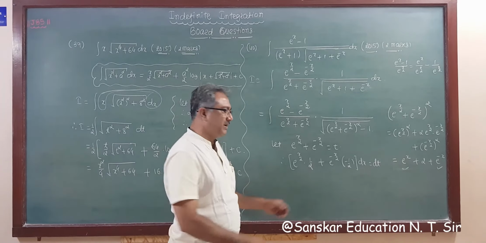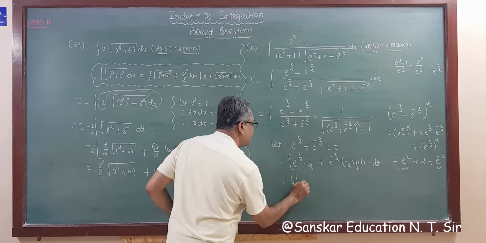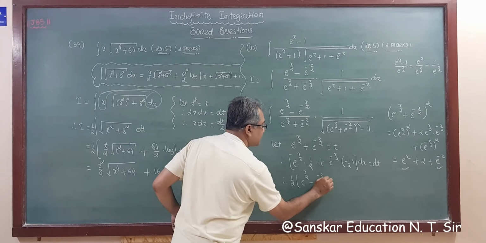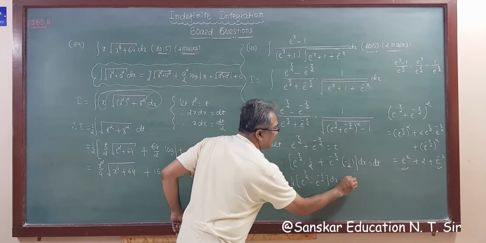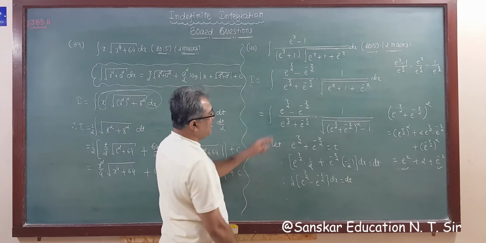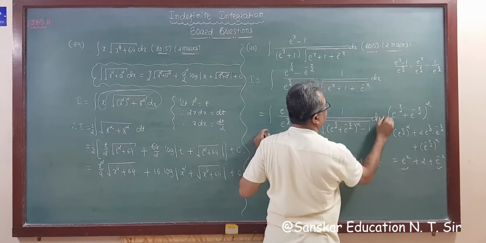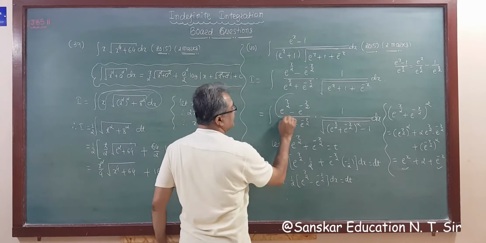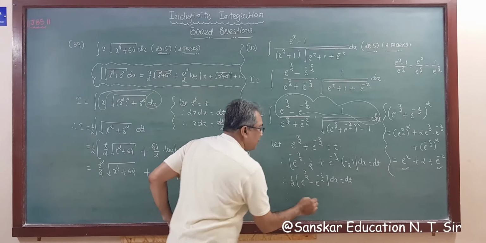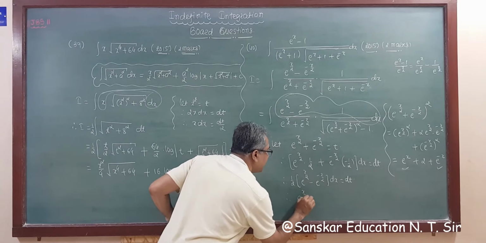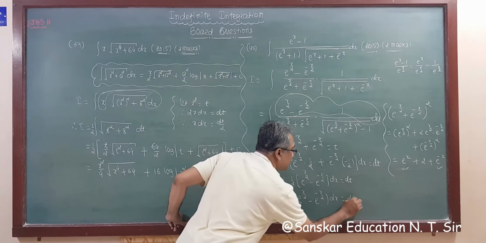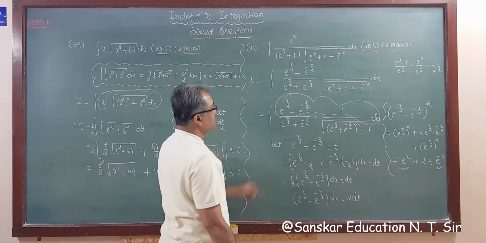Taking half common, we get half into e raised to x by 2 minus e raised to minus x by 2 dx equal to dt. I forgot to write the dx. So this is your dt, that is 2 dt. So e raised to x by 2 minus e raised to minus x by 2 dx is equal to 2 dt.